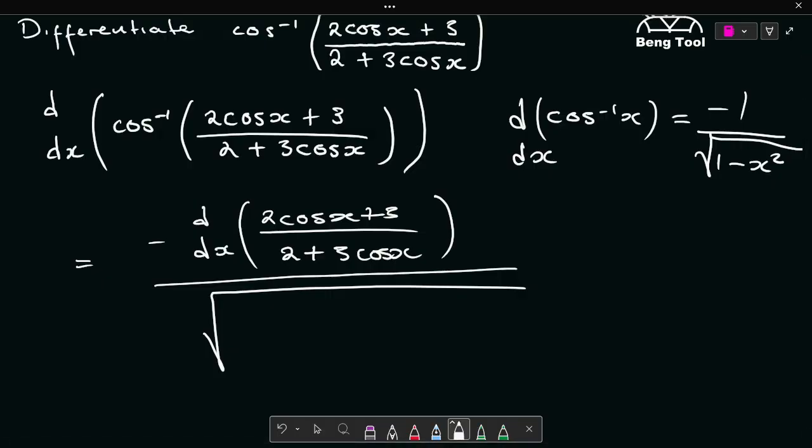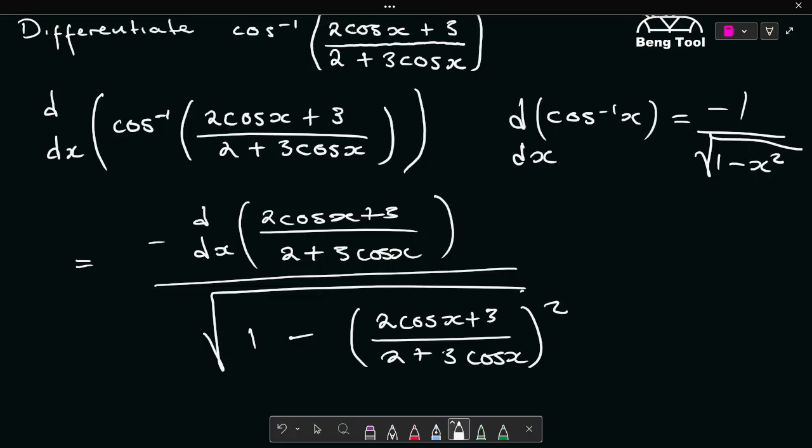Okay, it's supposed to be a negative there. 1 minus (2 cos x plus 3 over 2 plus 3 cos x), and it's supposed to be squared.